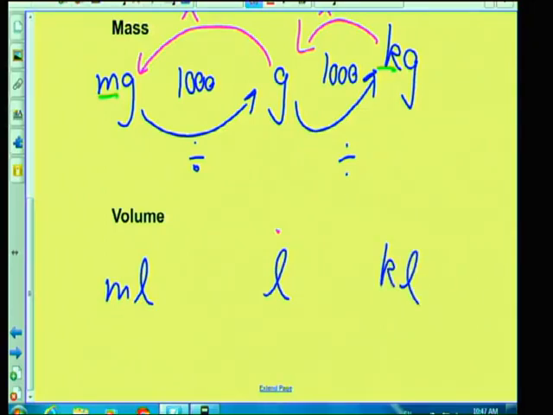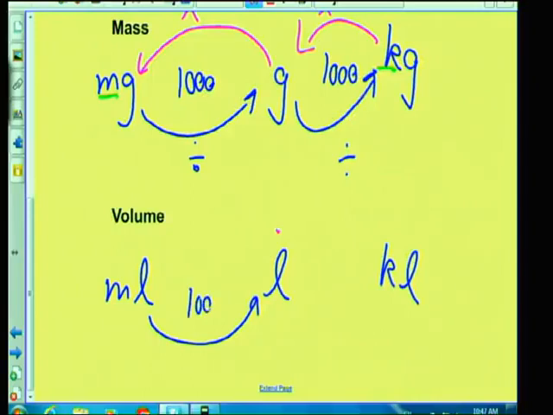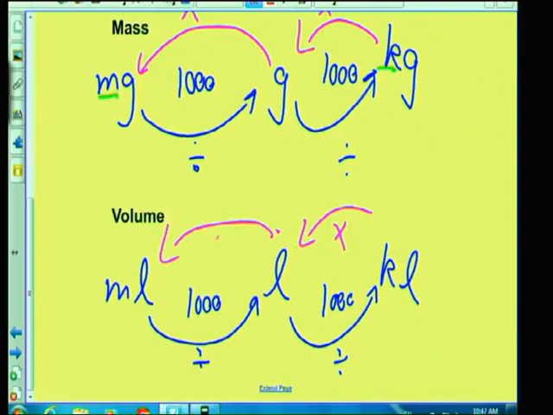Now, see, it's very similar to the mass story. And again, you have got it right if you said, well, the jumps between these is 1,000. And the jump between that is 1,000. Absolutely right. And we'd follow the same rule. From the small unit to the big unit, you're going to divide. Going the other way, you're going to multiply. And that's all quite straightforward.